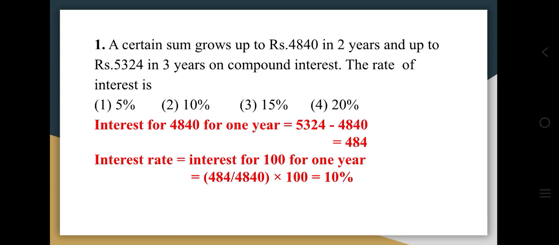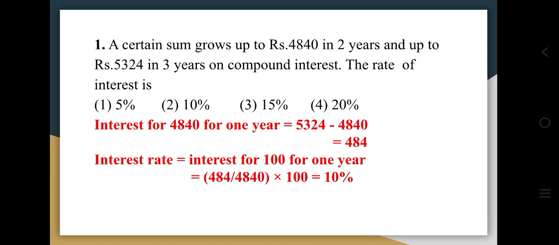So interest for 4,840 for 1 year is 5,324 minus 4,840, which is 484.